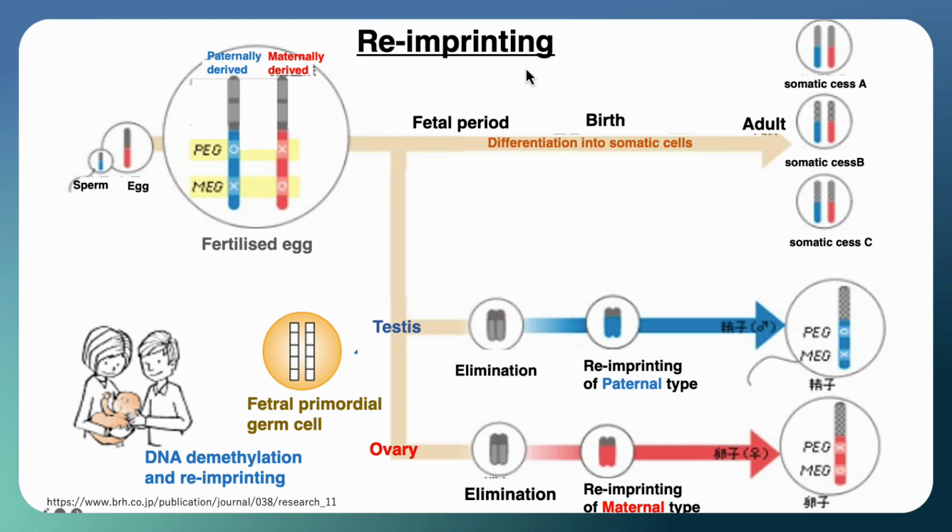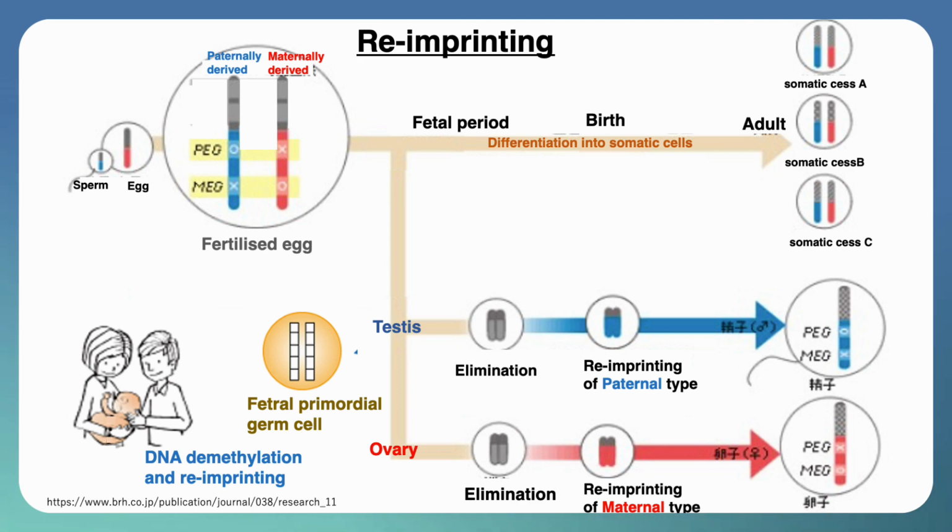Reimprinting. Expression suppression is maintained throughout life in somatic cells due to epigenetic mechanisms, like DNA cytosine methylation and histone modification. However, in sperm and eggs produced by the next generation, PEGs and MEGs must be reset and reprogrammed to suit each sex.